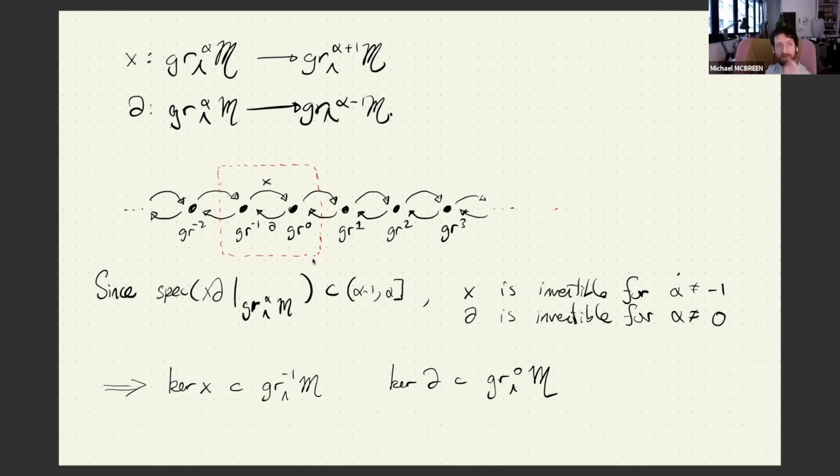well, you have operators x and d/dx that increase or decrease the grading. And so you get a representation of this sort of double quiver. And because of the commutation relations between x and d/dx, you know that actually the arrows in this quiver are all isomorphisms, except for the ones in the red box.